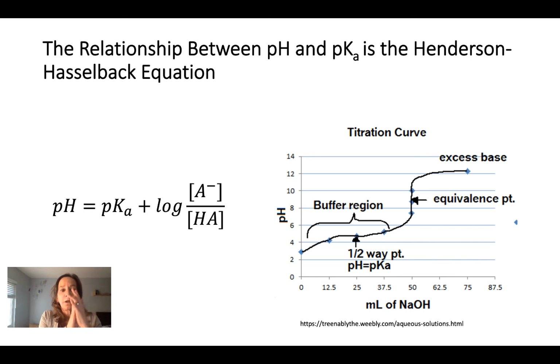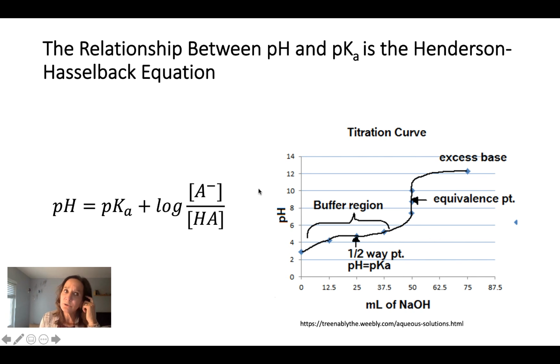What the Henderson-Hasselbalch says is that the pH is equal to the pKa plus the log of the ratio between a conjugate base and its weak acid. So the pH is equal to pKa plus the log of the ratio between a weak acid and its conjugate base.